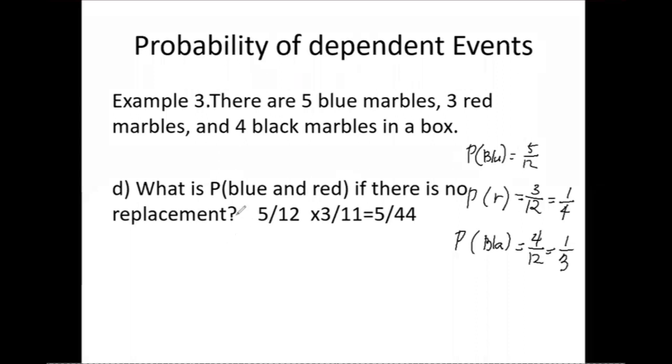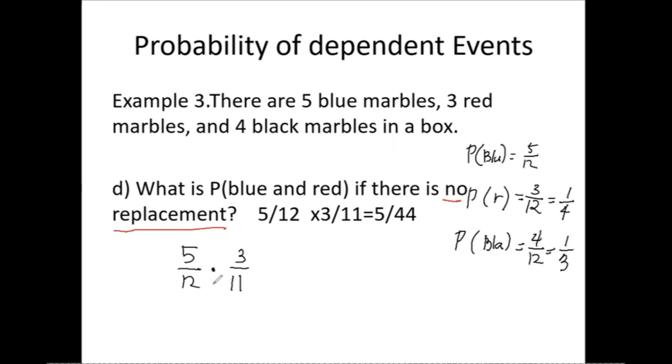Kasi di ba, ang blue natin ay 5 out of 12. Tapos pag tinimes natin yan sa red, ang red natin ay 3 over 11 na lang kasi nga doon sa statement na if there is no replacement.